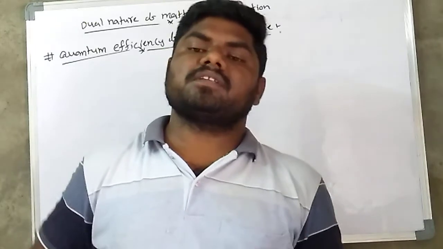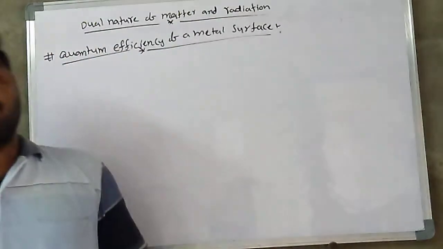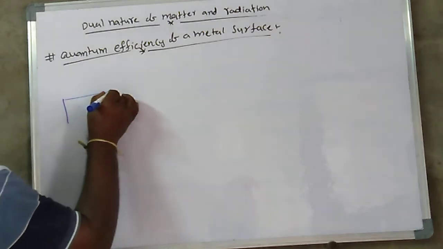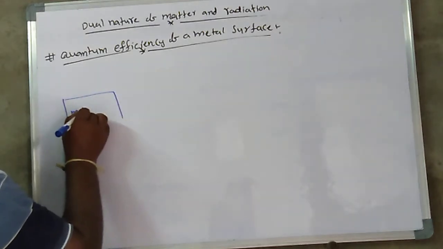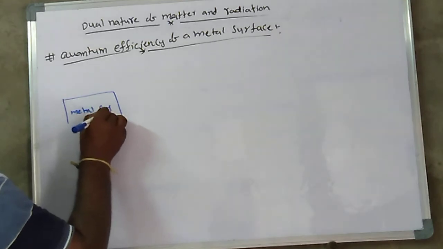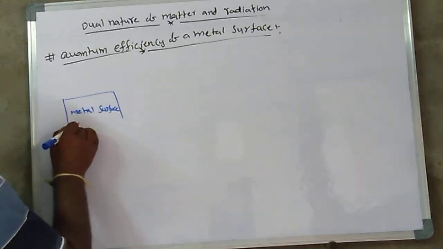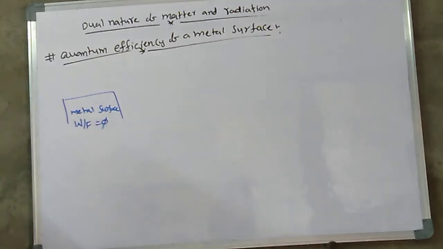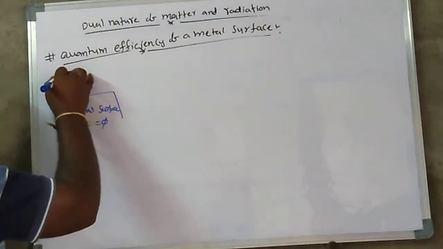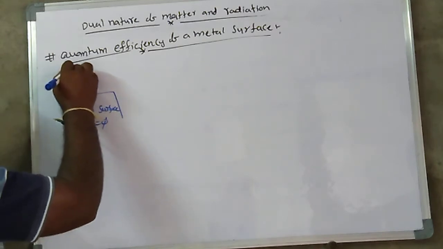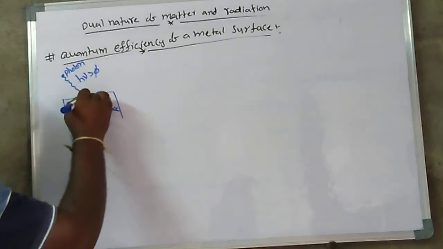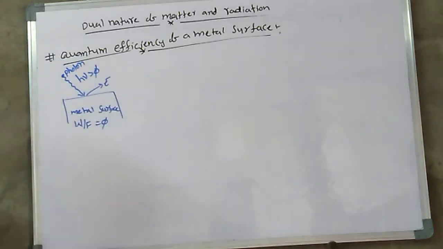Let us consider a metal surface with work function equal to phi. Photons are incident, and when h mu is bigger than the work function, some electrons are ejected.